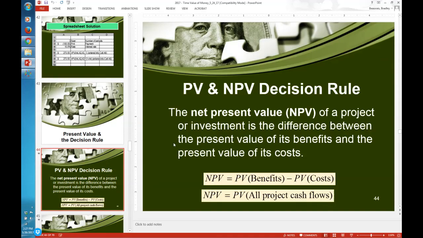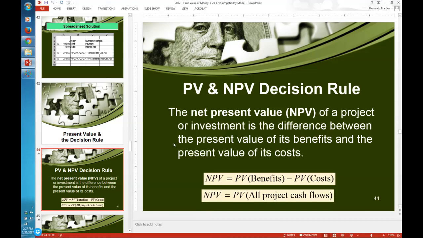Okay, so in general, this concept of the net present value is the quantitative assessment of the present value of any present and future benefits, less the present value of any present and future costs.